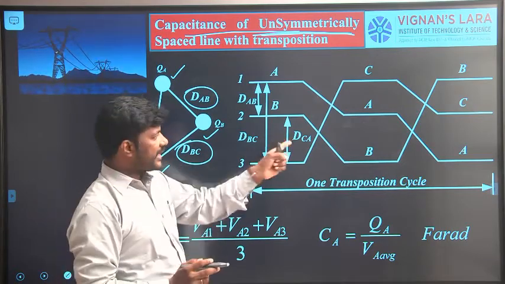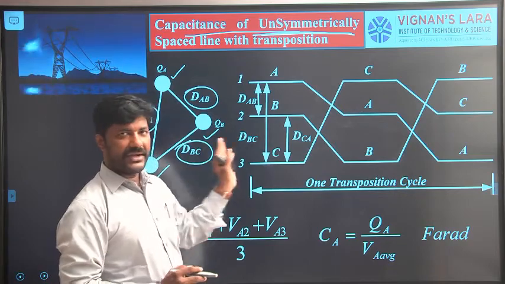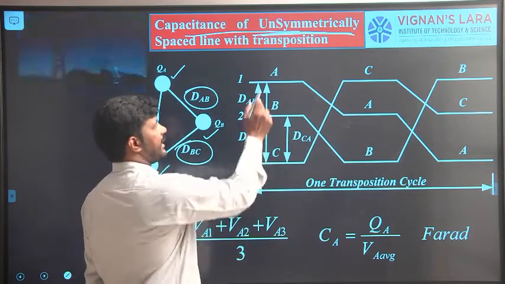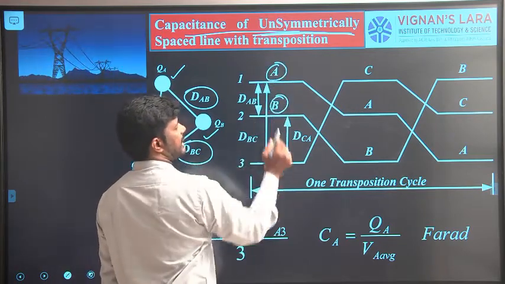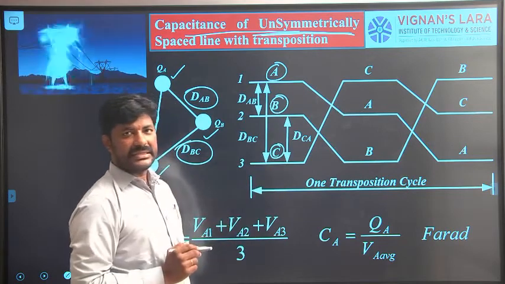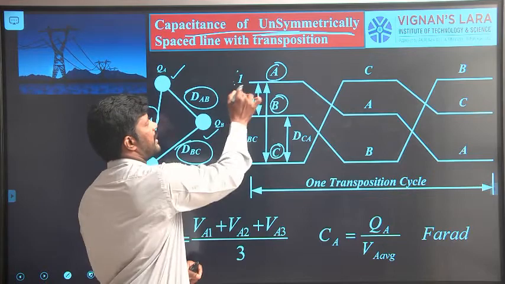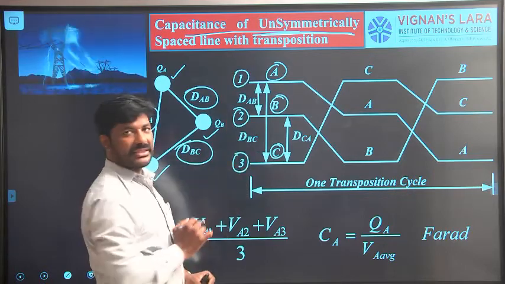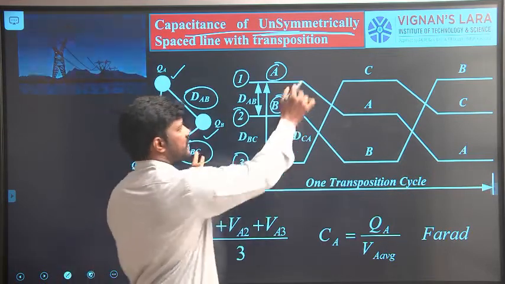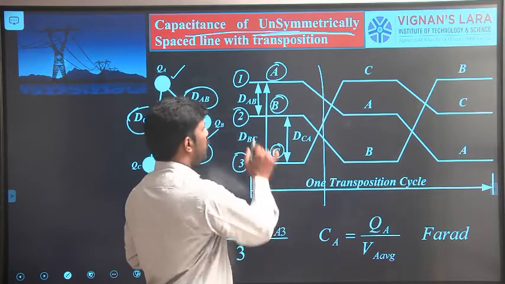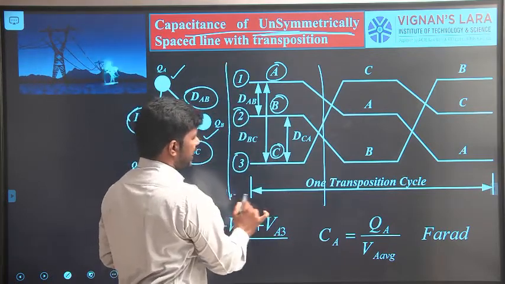If you check this diagram, in an expanded view, these are the three conductors A, B, C. These three conductors are located in three different positions. Position 1, position 2 and position 3. So this is the first section of the transmission line over a transposition cycle.